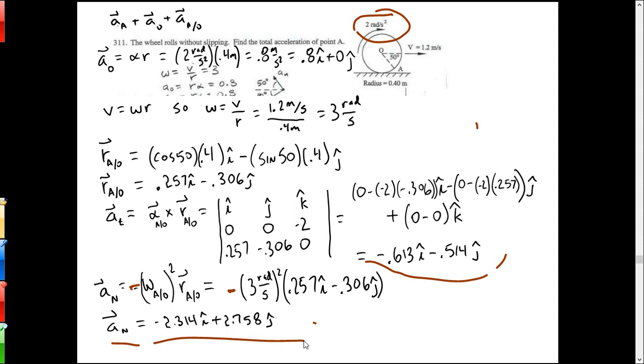All right, and then once you've got that, you've got the 3 things you need. You've got A sub O, the tangential acceleration of A with respect to O, and the normal acceleration of A with respect to O. So you just add them up, just like before, exact same thing that I was showing you a minute ago.